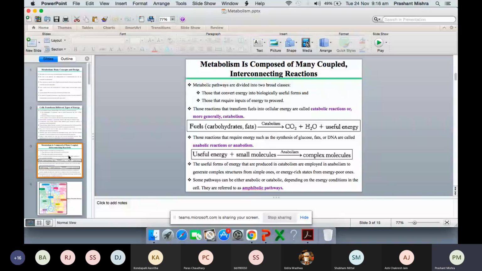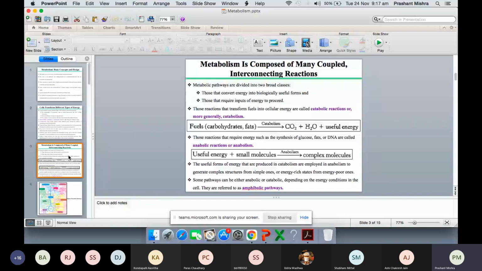Now, coming to the interesting concept of how this metabolism occurs in general. The metabolic pathways we can divide into two broader classes. As you have seen, in some reactions you require energy, and in some reactions you produce energy. Those reactions which convert energy into biologically useful form are one type of metabolic pathway, and another type is where you require input of energy to proceed.